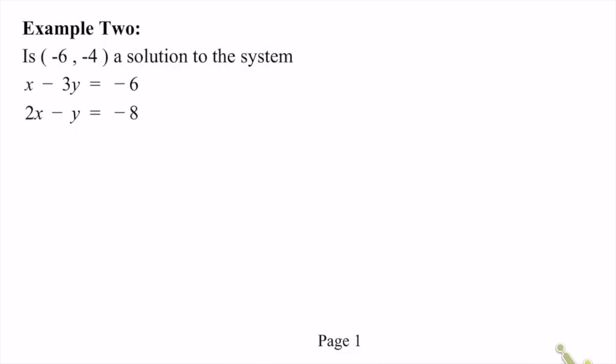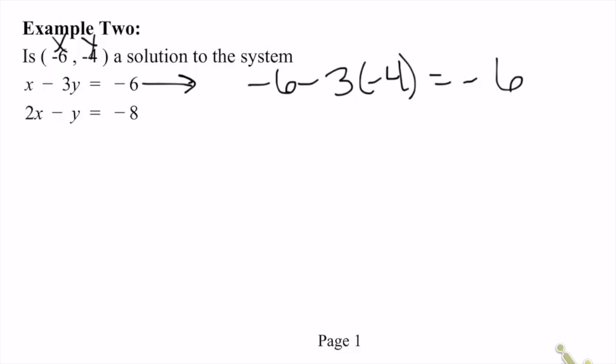If we look at example number 2, we got to plug in negative 6, negative 4. Remember, this is our x value. This is our y. So, for our first one, we'll have negative 6 minus 3 times negative 4 equals negative 6. Well, our negative 6 we'll just bring down. Negative 3 times negative 4 gets you a positive 12.